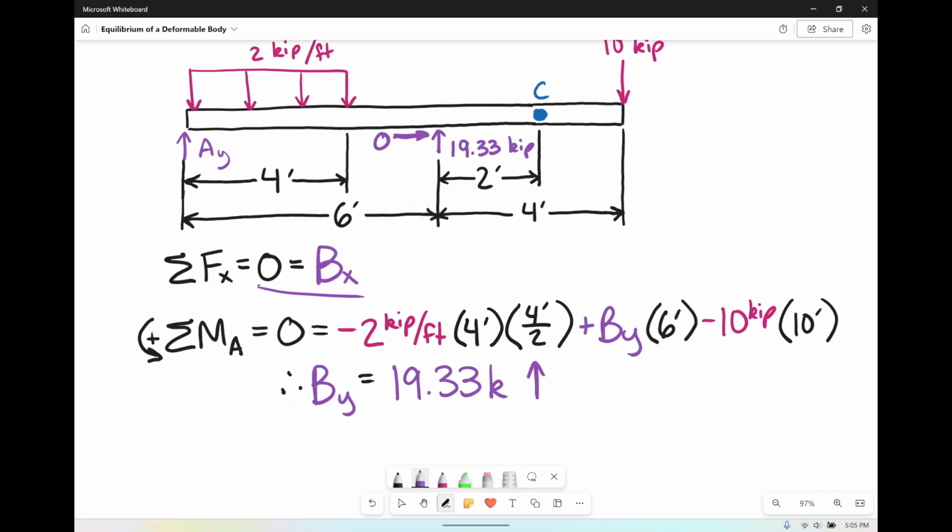And now that we see that, we know that there's only one other thing to do, and that is sum the forces in the y direction and set it equal to 0 to solve to get AY. So again, AY is the first thing on the left there, and currently he's going up, so that's going to be positive AY. Then we have our 2 kips per foot here going down, so minus 2 kips per foot. That's kips per feet.